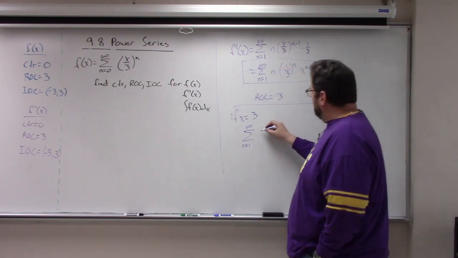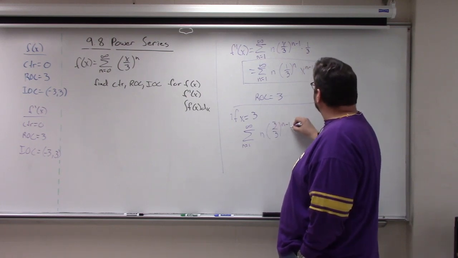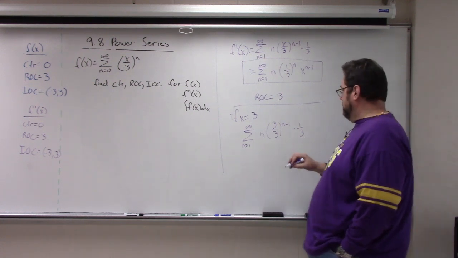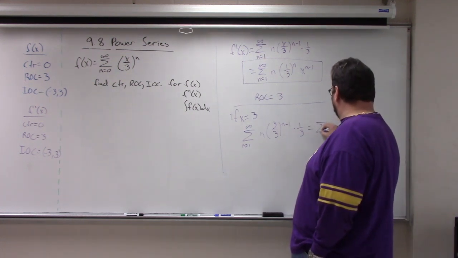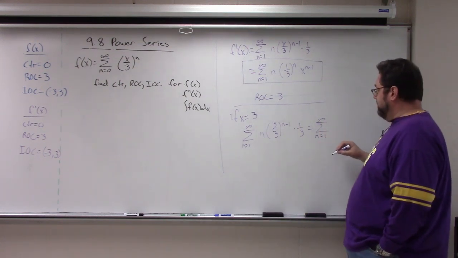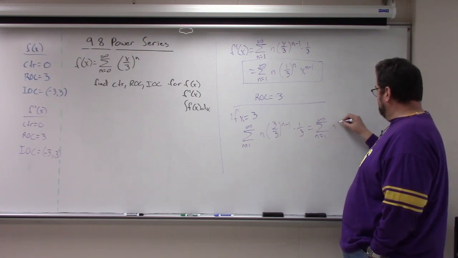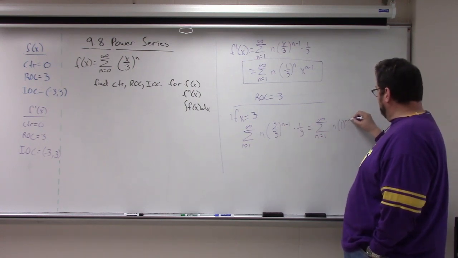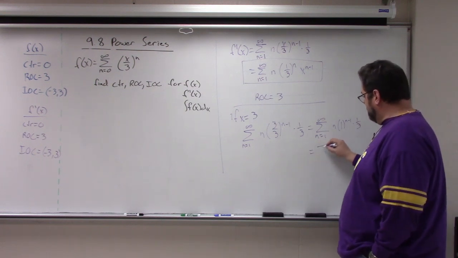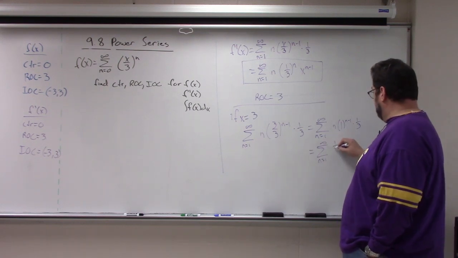I'm going to say n times 3 over 3 to the n minus 1 times 1/3. All right. What is that? Well, that's the sum from n equals 1 to infinity of n times 1 to the n minus 1 times 1/3. Well, that's just the sum from n equals 1 to infinity of n/3.